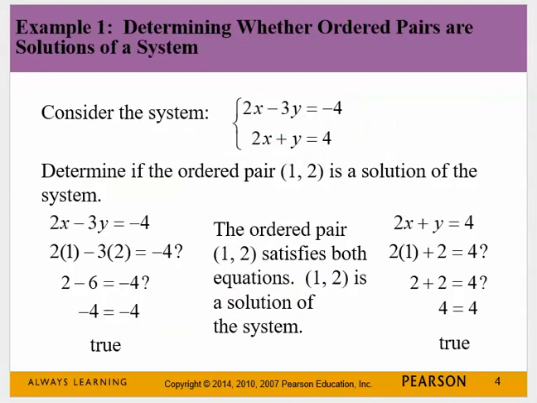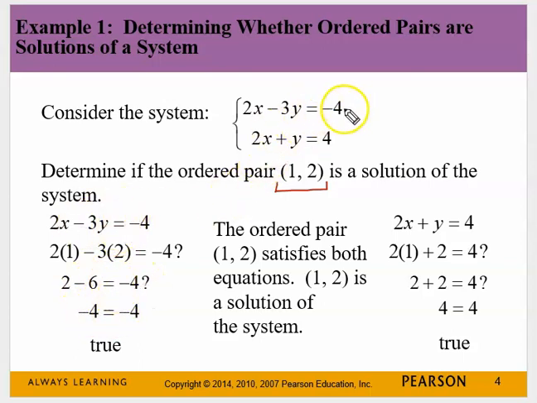In example 1, the first thing they want us to find is, if we had this system of equations, is this ordered pair a solution for both equations? The protocol to solve would be to substitute the x with a 1, the y with a 2, and as we see it laid out here, this becomes a 2, this is a negative 6. 2 minus 6 is a negative 4.